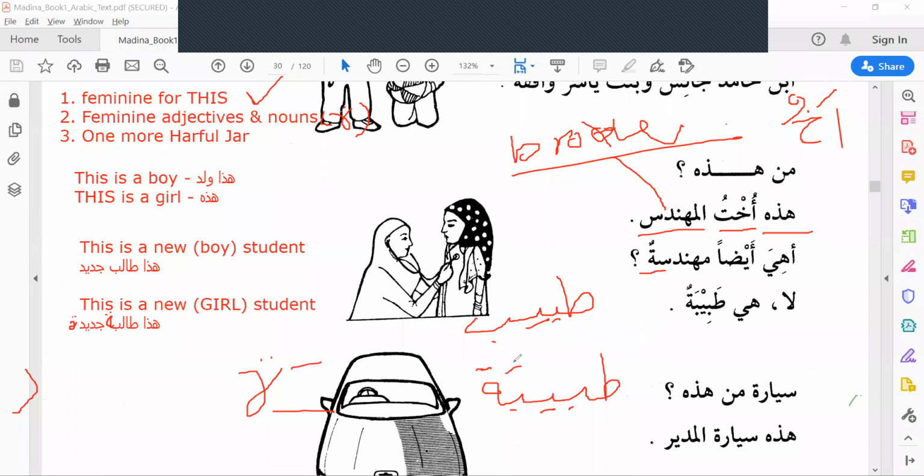Tabibatun, not tabibutun or tabibitun. Usually, to make any masculine noun or adjective feminine, just add a ta at the end and the letter before should have fatha.